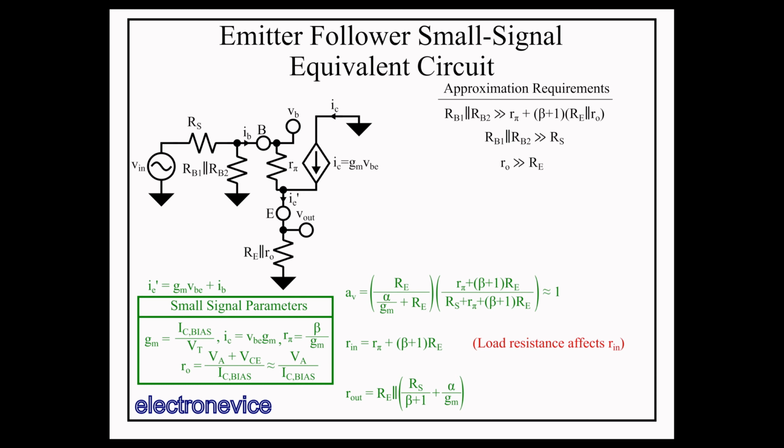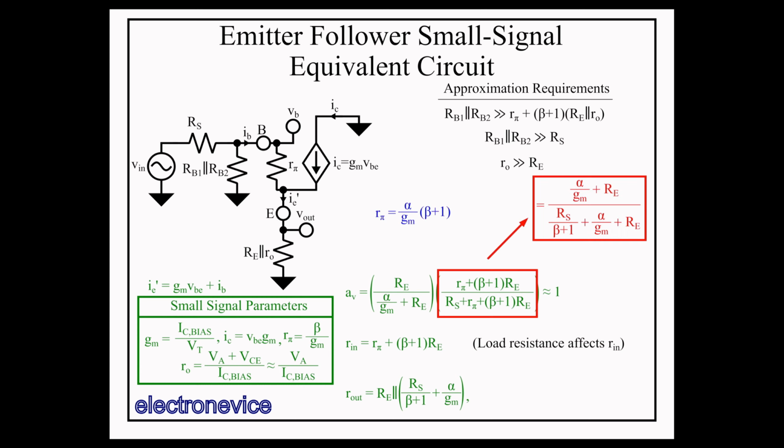R-pi, as we've noted before, is equal to alpha over GM times beta plus 1. So we can actually convert this right half of the gain expression into this, which shows the divider after the beta plus 1 multiplication is applied, which is a more apples-to-apples comparison with our output impedance expression. We see that the divider is made up of the quantity Rs over beta plus 1 and the quantity alpha over GM plus Re.